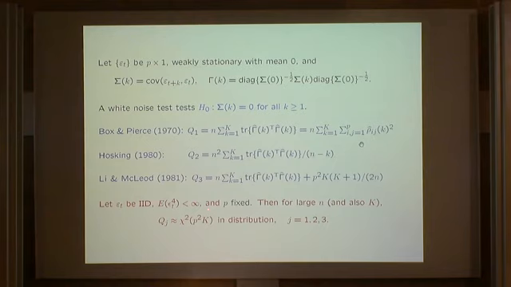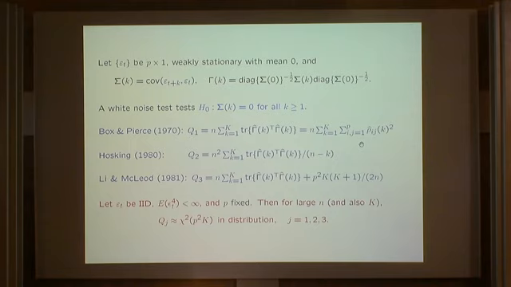This is really embarrassing, because what we try to test is linear independence. But to prove that this test under H0 has a chi-square approximation, we assume it's IID. Every time I teach this test to students, I feel awkward.